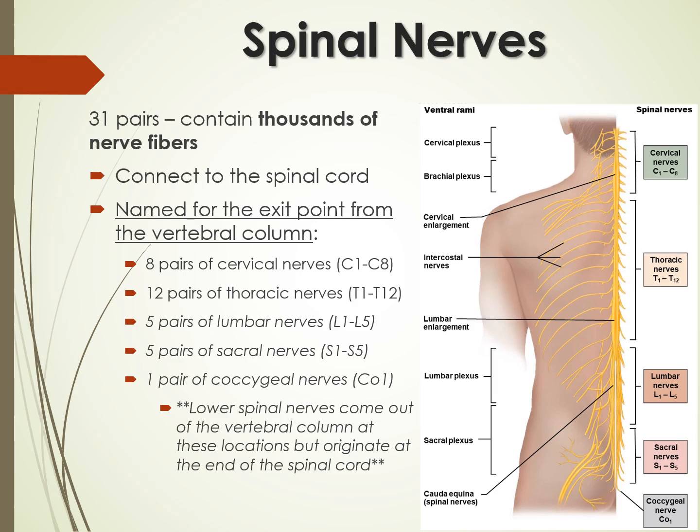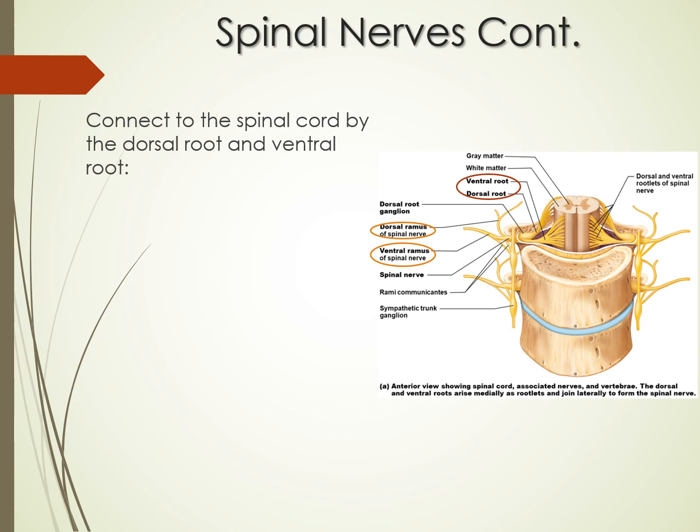A big thing to keep in mind about the spinal nerves is that they're named for where they exit the vertebral column, where they exit through those intervertebral foramina, and not where they actually originate on the spinal cord. When we're talking about some of these lower spinal nerves, such as the sacral nerves and the coccygeal nerves, these actually originate on the end of the spinal cord up in L1 and L2.